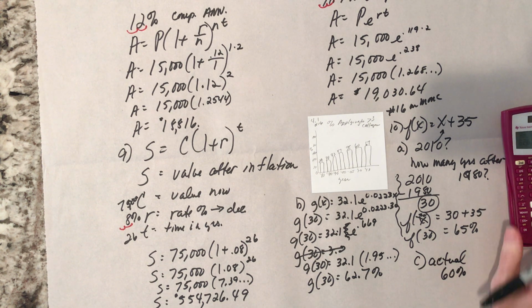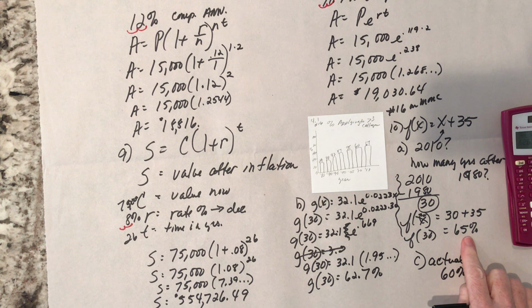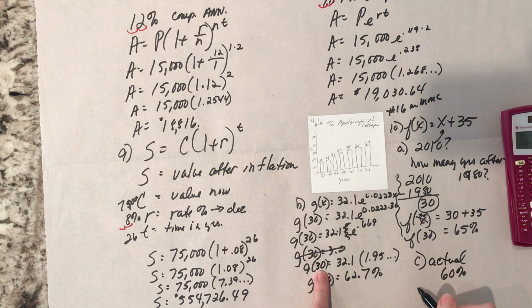So what did we get with our linear? We got 65% with our linear. That's 5% off. With our exponential, we got 62.7. That's closer. So the answer would be that B, the exponential function, models it better. So g of x is a better model for the actual facts of this problem.